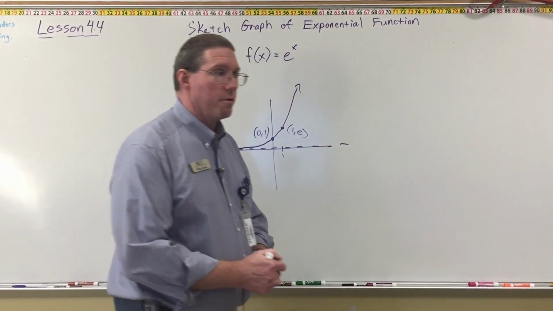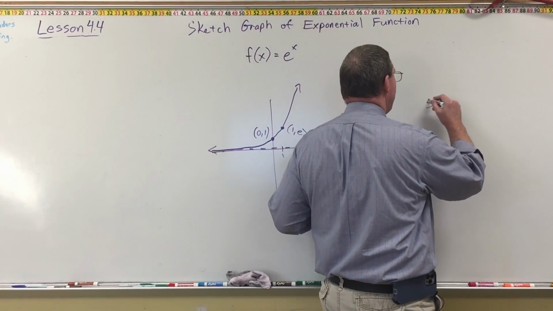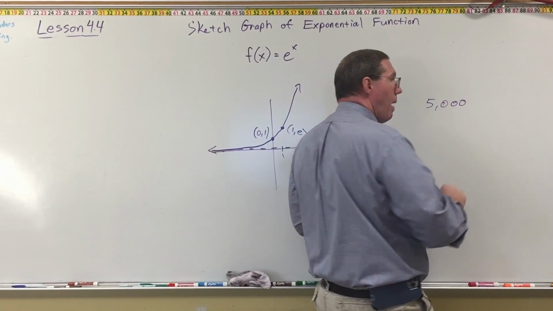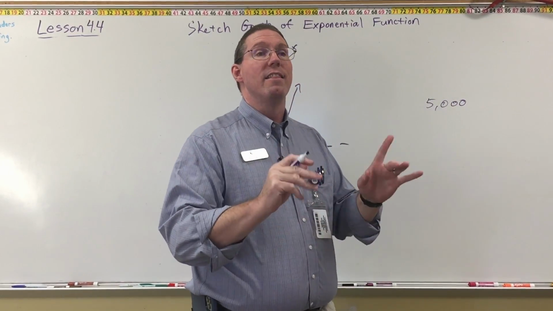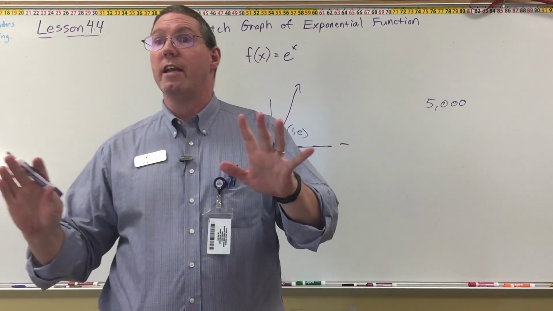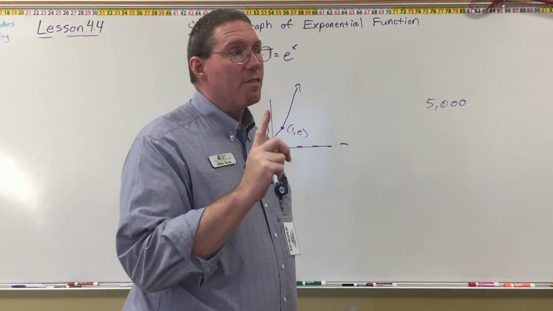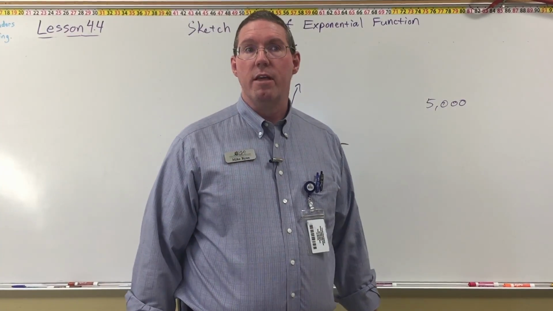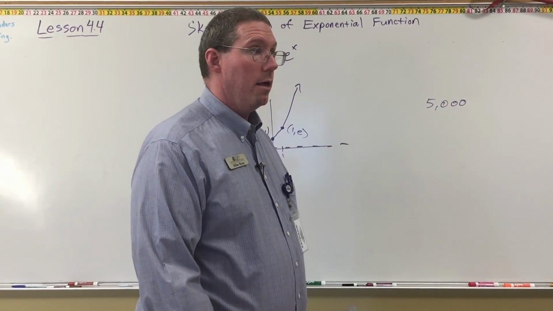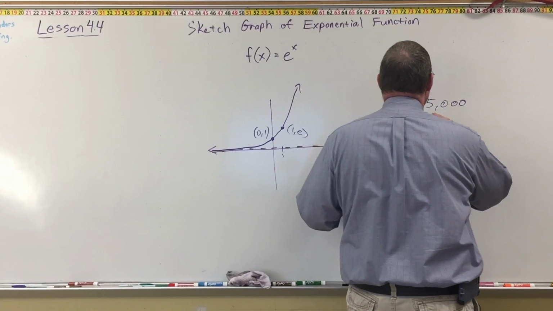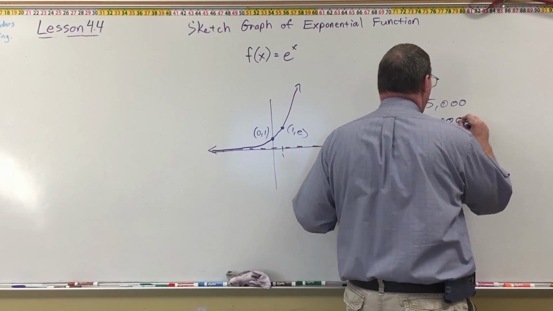But consider this. If you put $5,000 in a mutual fund, in an investment account, when you're 18 years old, and let's say that every 8 years it doubles, okay? So when you're 26, it's now 10,000.